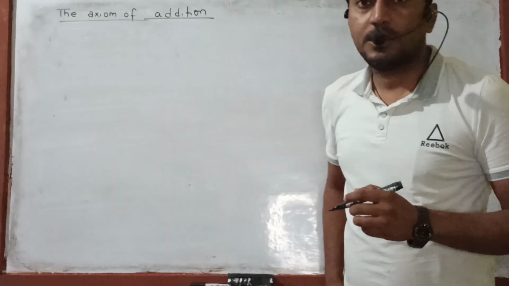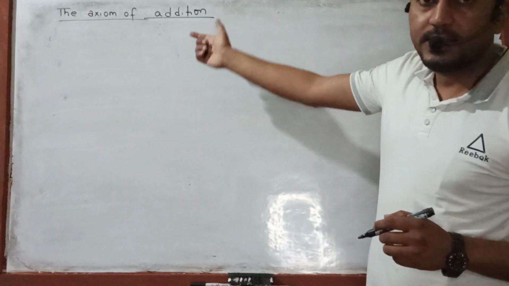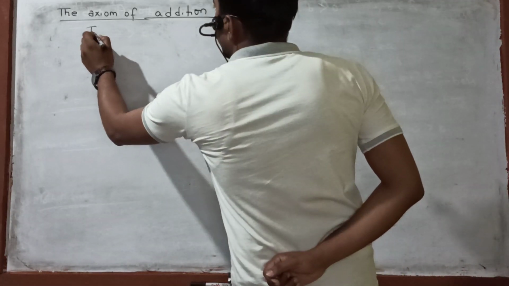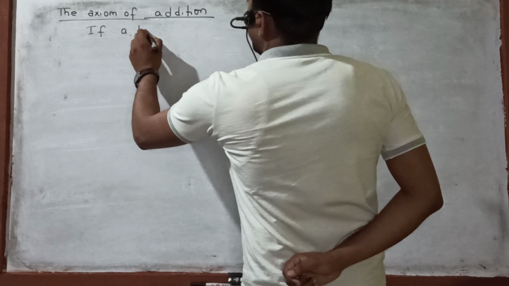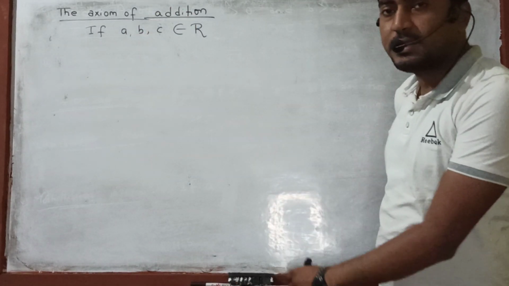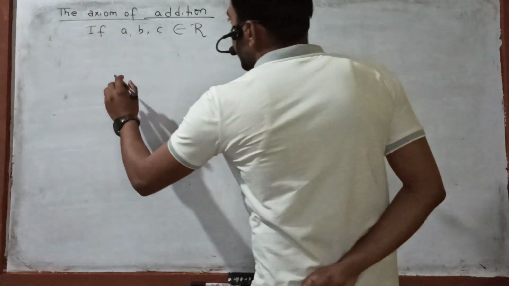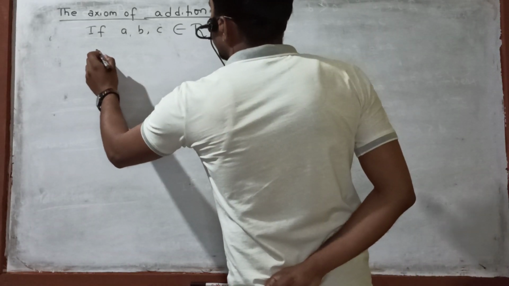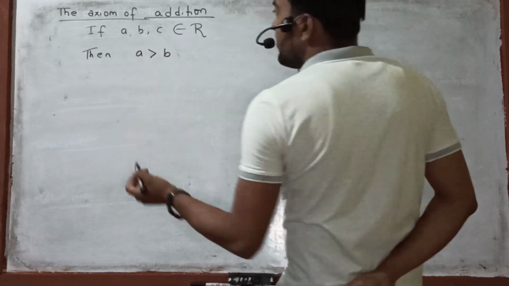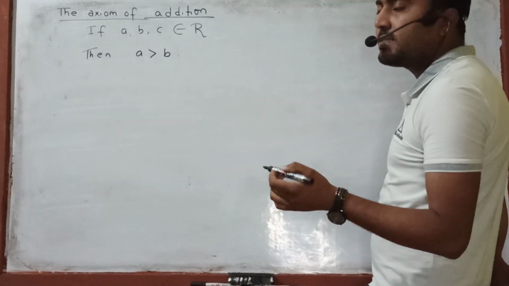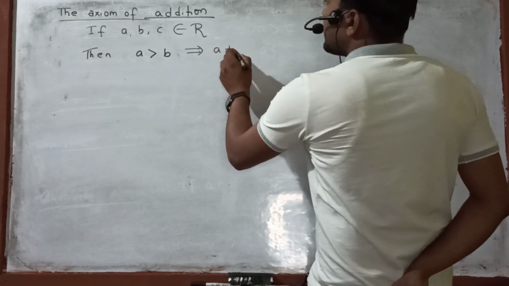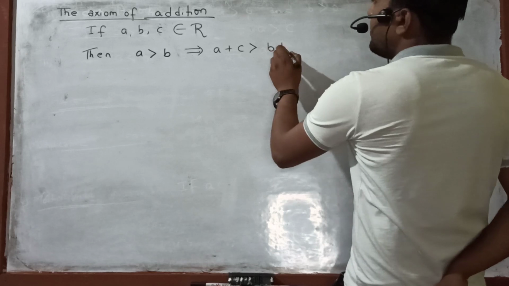Now let's move ahead. Now let's see the axiom of addition. So what does this axiom say to us? That is, if a, b, c belong to the set of real numbers, means a, b, c are any real numbers, then if we take the relation a is greater than b, this will imply that a plus c will be greater than b plus c.